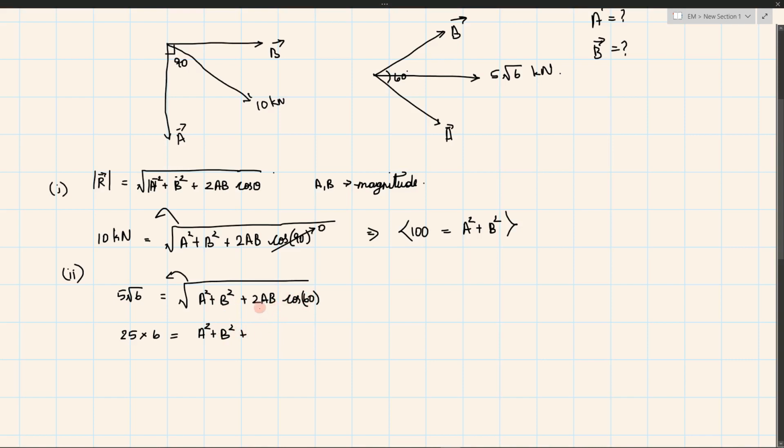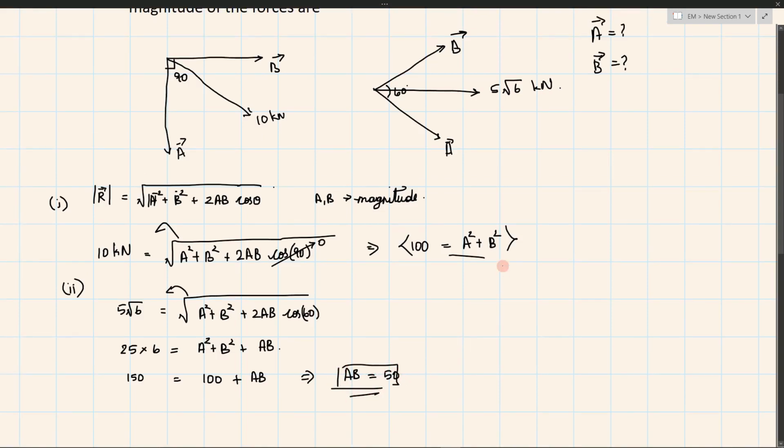So 25 into 6 is 150. We know the value of A square plus B square, so I'll put 100 plus AB. Also, AB is given by 50.